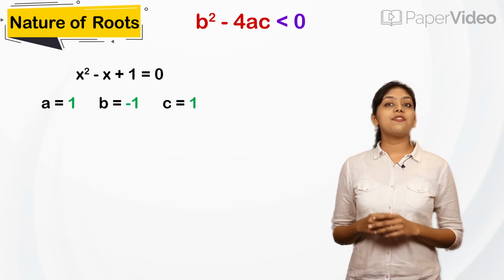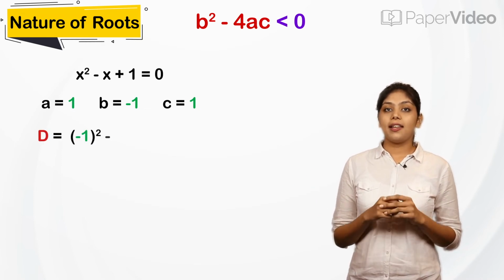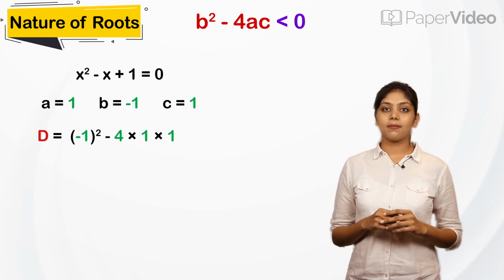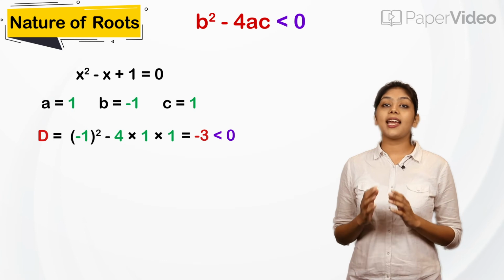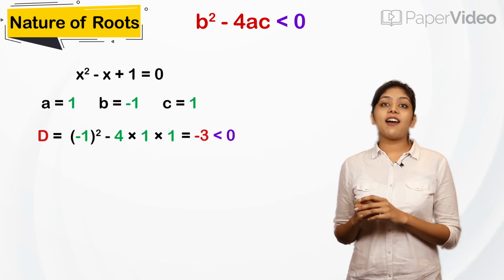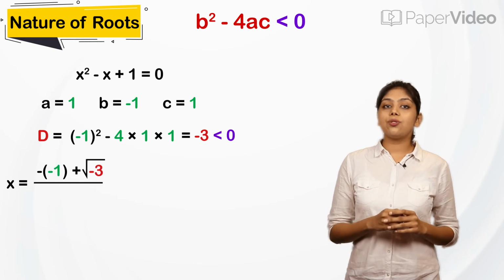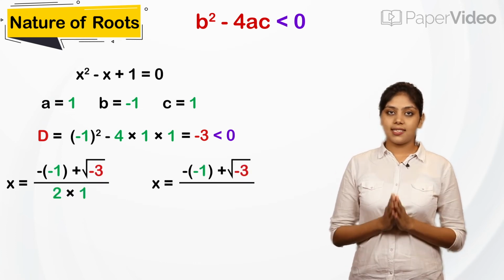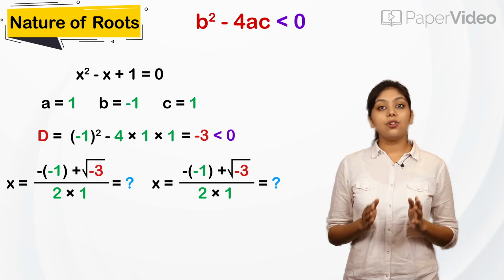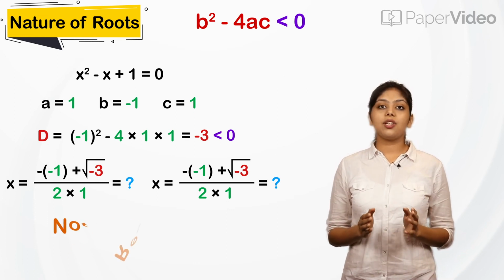So, value of discriminant is equal to negative 1 squared minus 4 into 1 into 1. On solving this, we get negative 3, which is less than 0. So, using the value of discriminant, we can find two roots of the quadratic equation. Since we cannot find square root of a negative number, the roots of the quadratic equation will not be real numbers.